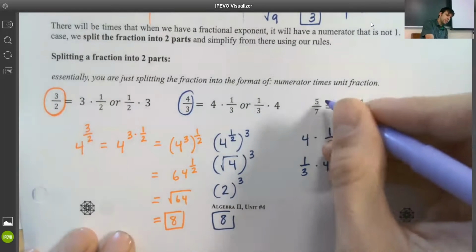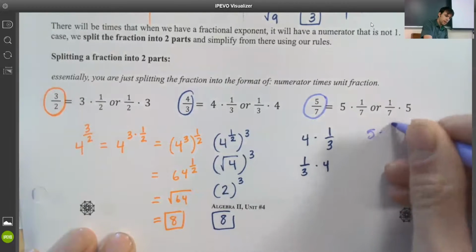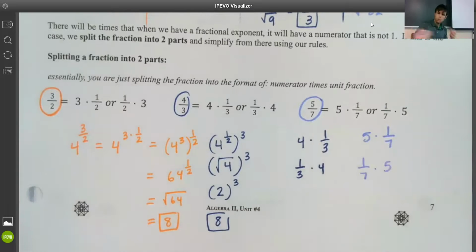And then finally, this fraction here, 5 over 7, again, it could be split up as 5 times 1/7 or 1/7 times 5. And one of those ways may make more sense to us in the context of using this as an exponent. So we'll make sure to think about that and know that we can do it both ways as we're using this process to sort of simplify some of these exponent problems.